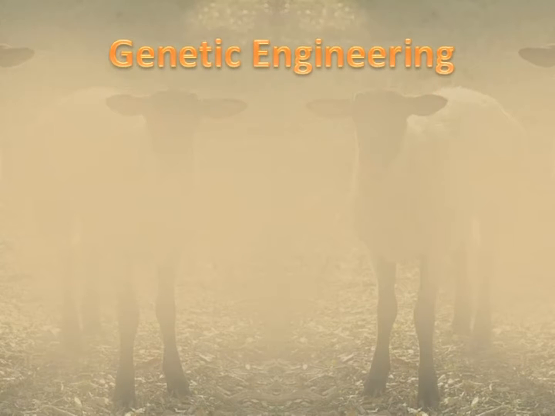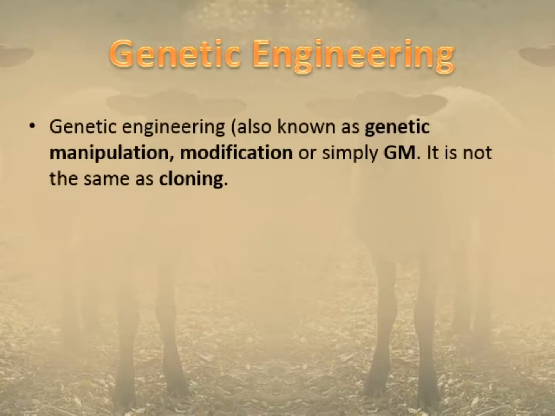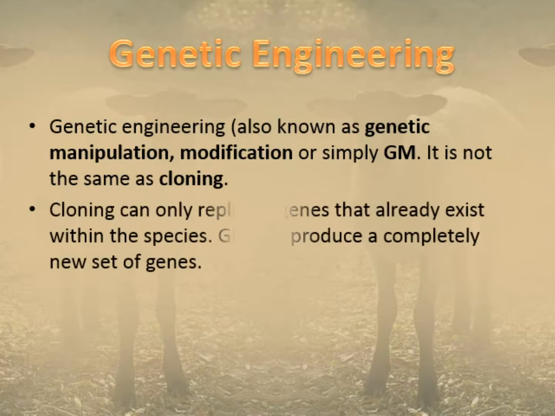So what is genetic engineering? Well, it's not cloning. It's also known as genetic manipulation or genetic modification, or often simply GM these days, and it's different from cloning because cloning just replicates genes that already exist. You are copying another organism.